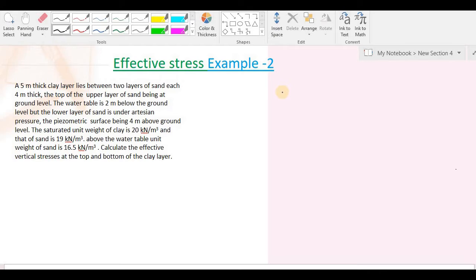Okay, next example. This question goes like this. A 5-meter thick clay layer lies between two layers of sand, each 4 meters thick.